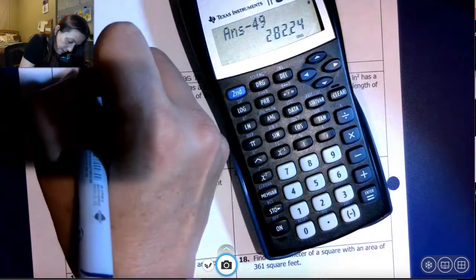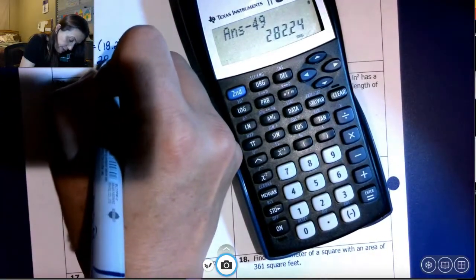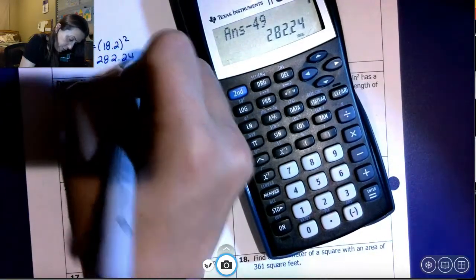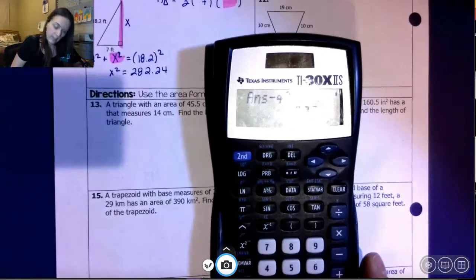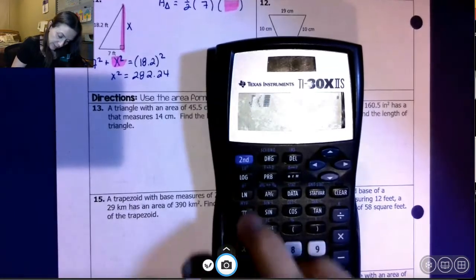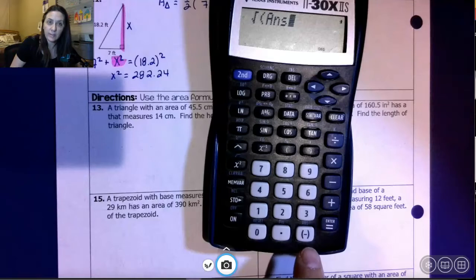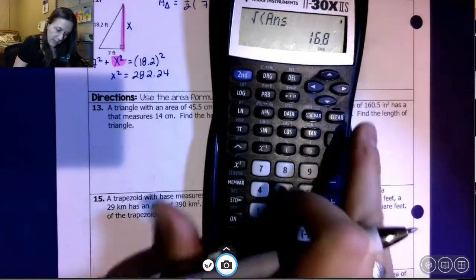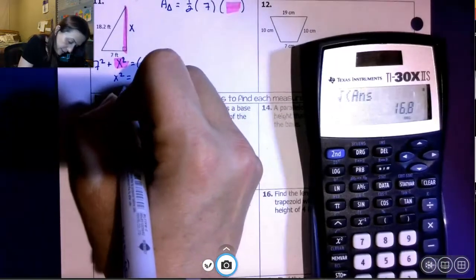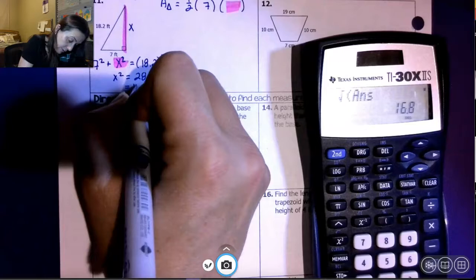That x squared is going to equal 282.24. Now I'm going to second square root that. Second answer, because then that'll bring in the answer that I just used. And I get exactly 16.8.